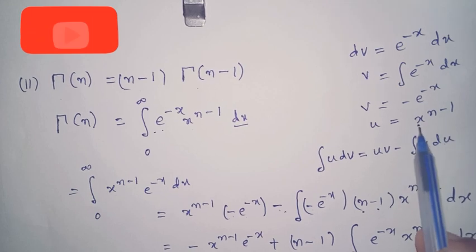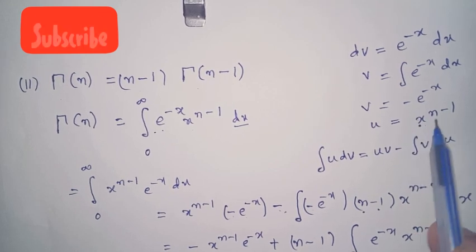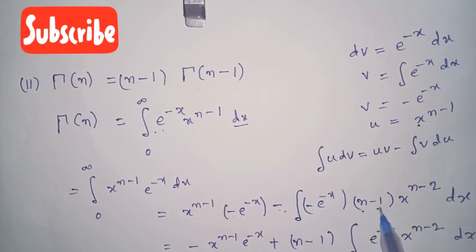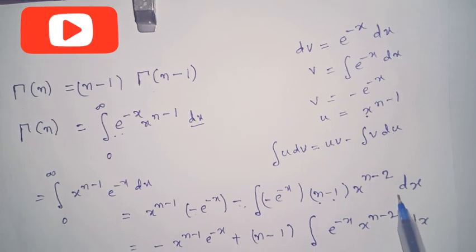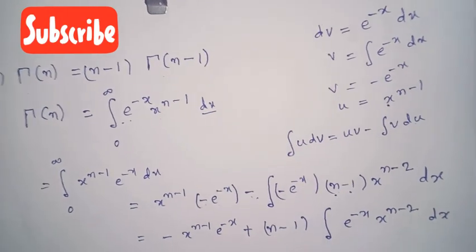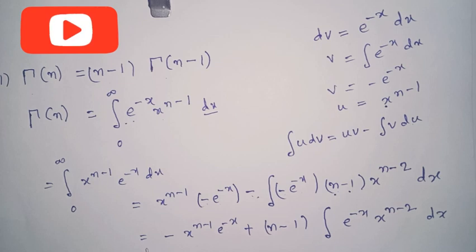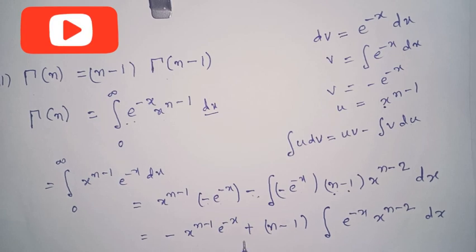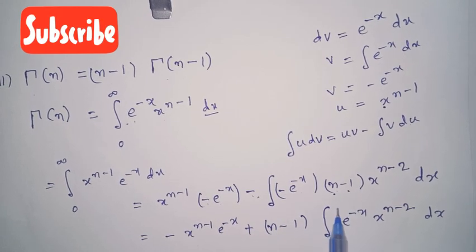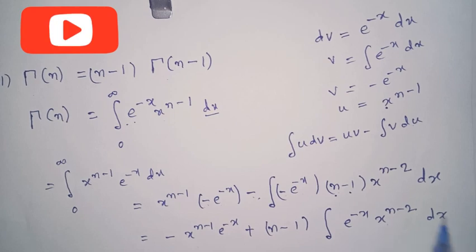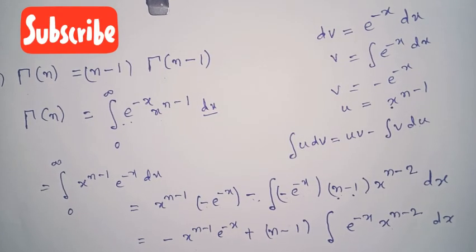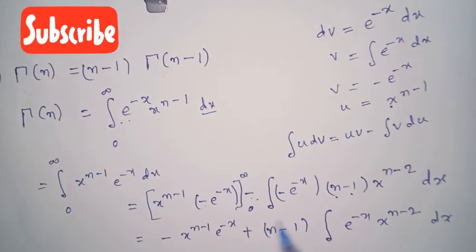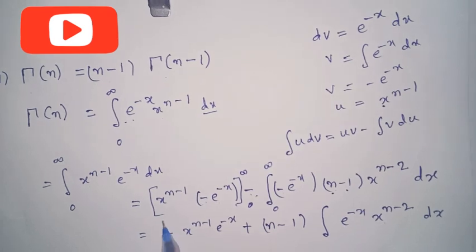What is its derivative? n minus 1 into x power of n minus 1 minus 1, that is n minus 2. Therefore n minus 1 into x power of n minus 2 dx. Therefore minus x power of n minus 1 e power of minus x, minus into minus is plus, n minus 1 is constant, therefore n minus 1 into the integral of e power of minus x, x power of n minus 2 dx. Here the limits are 0 to infinity.